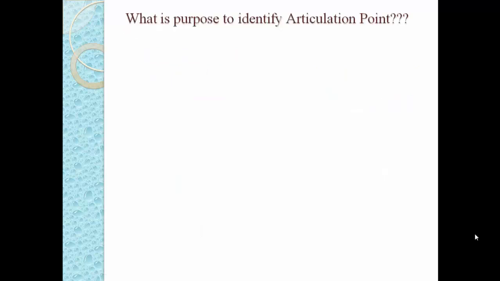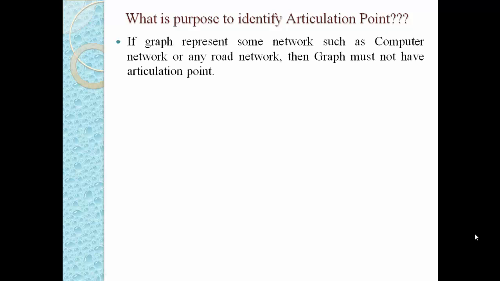Now what is the basic purpose of identifying an articulation point, or why do we identify the articulation point of any graph? If a graph represents some network such as a computer network or any road network, then the graph must not have any articulation point. If there is an articulation point in a computer network or road network, and there is a problem with this articulation point, at that time it creates a problem for the whole network.